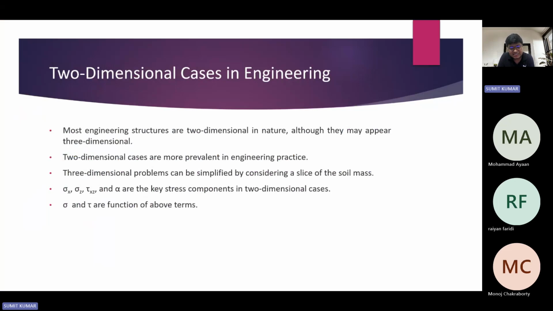So, most engineering structures are two-dimensional in nature, although they may appear three-dimensional. The two-dimensional cases are more prevalent in engineering practice. The three-dimensional problem can be simplified by choosing a slice of soil mass. Hence, sigma x, sigma z, and sigma xz are enough to explain the stress components in the two-dimensional cases.